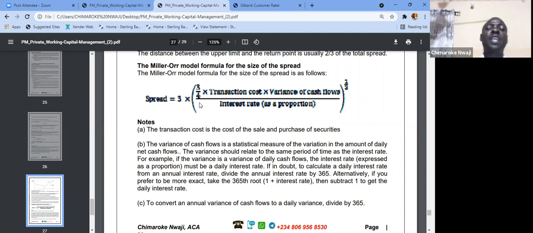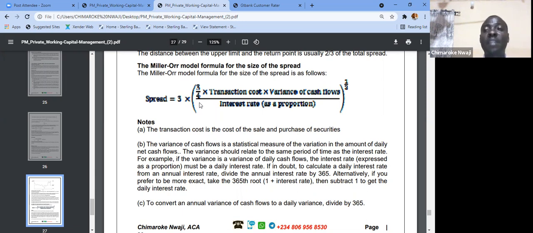What is variance of cash? Note here you're not doing variance analysis, but you are doing something called standard deviation and variance. Variance is the square of standard deviation. So if you are given standard deviation, all you need to do is find the square of standard deviation, and it gives you variance.